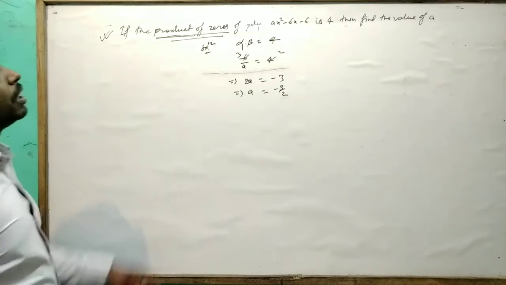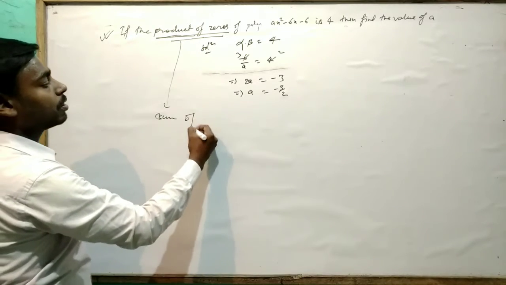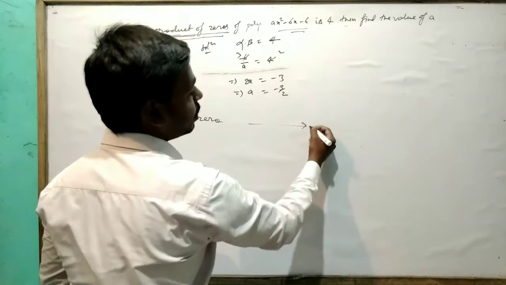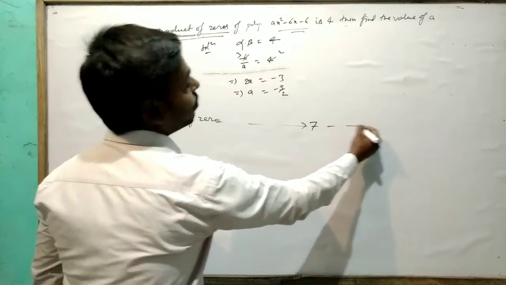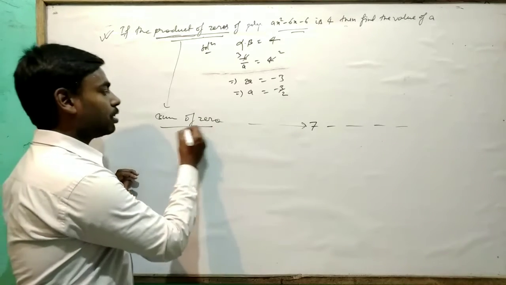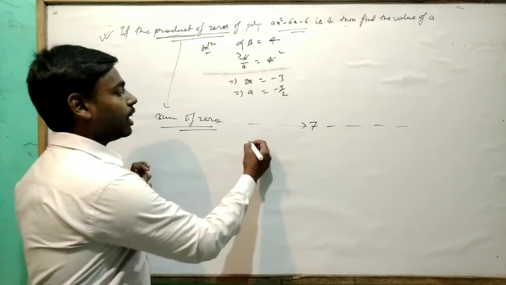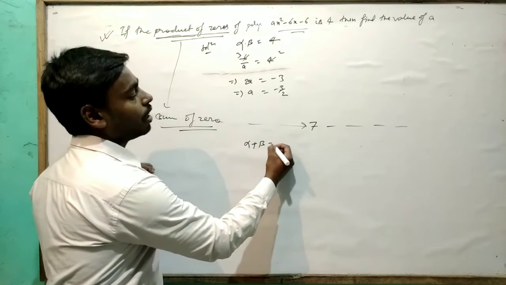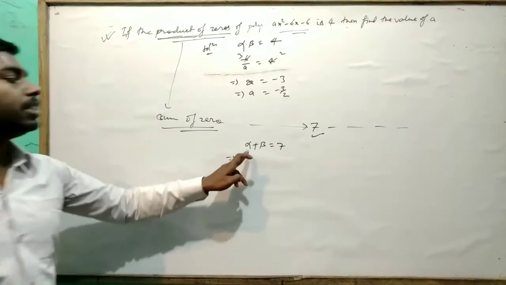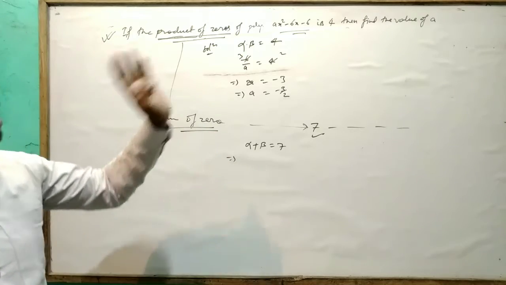Another example, but here the sum of zeros is given for the same polynomial, and it is 7. Then find the value of a. Sum of zeros is given. Then we know that alpha plus beta is equal to minus b by a, and alpha plus beta is given as 7.